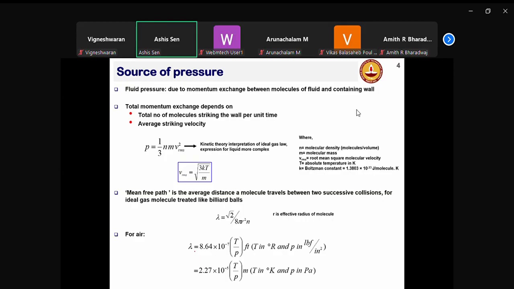So for air, lambda is expressed as 8.6 into 10⁻⁷ T over P, or 2.27 into 10⁻⁵ T over P meter. So this is from the kinetic theory of gases, how the molecules will interact with each other, they will collide with each other over this mean free path, and how you can express pressure in terms of this RMS velocity, number density, and molecular mass.